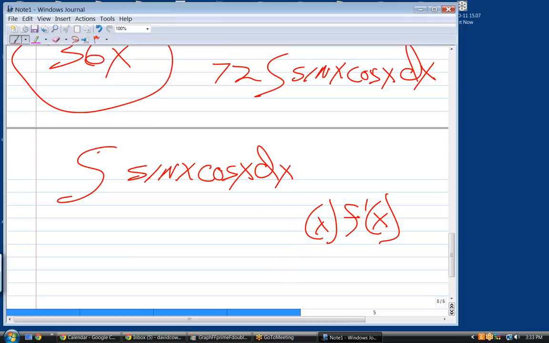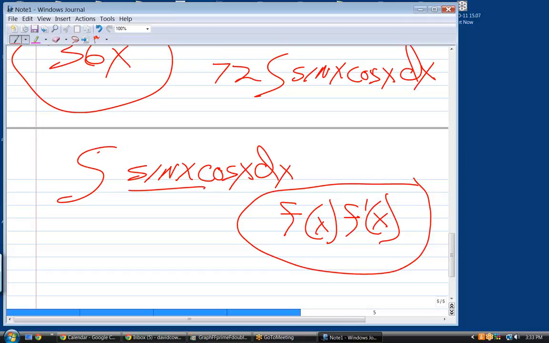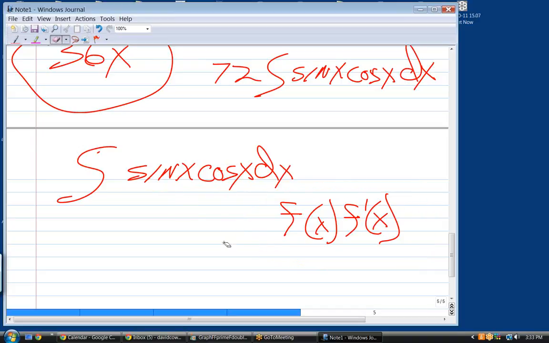In other words, you look for this pattern recognition. And this is one of the first patterns they want you to look for. Well, that's what we have here. We have f of x, and that is the first derivative of f of x. Okay? Whenever we have this, we can use the power rule on this.